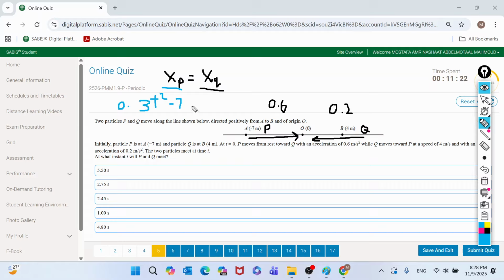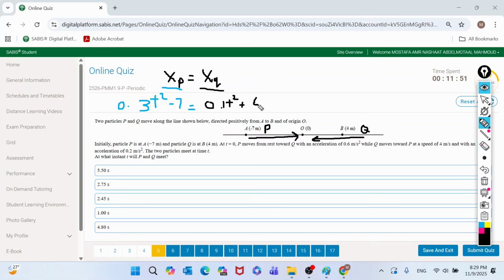So 0.3 T squared minus 7 equals the position of Q: 1 over 2 times acceleration 0.2, which is just 0.1, T squared plus V0T, which is 4.